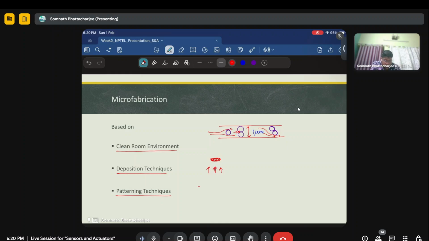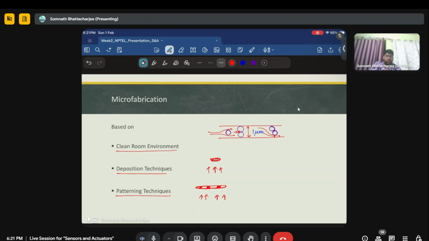But with patterning techniques, let's say you want a stripe pattern. You can make the pattern like this, and the deposition will be like this.